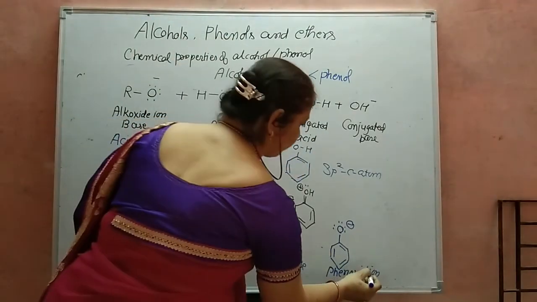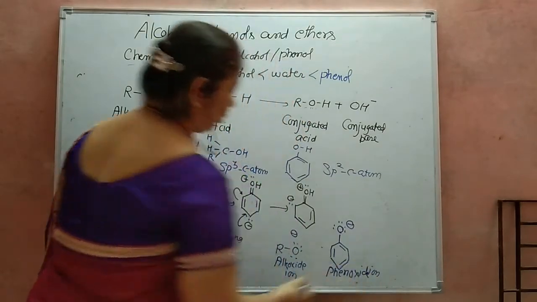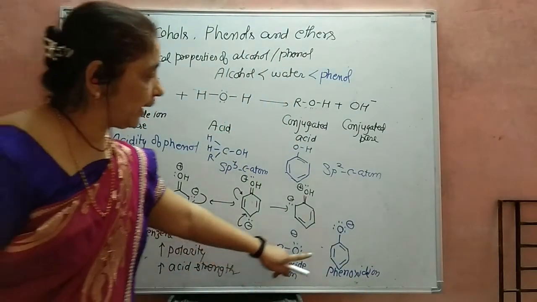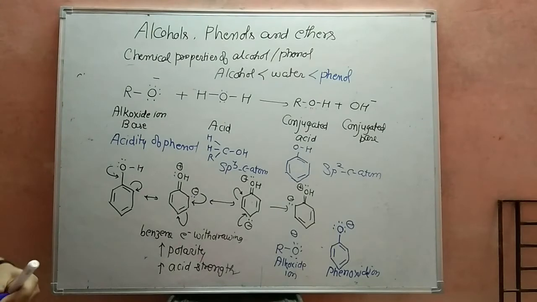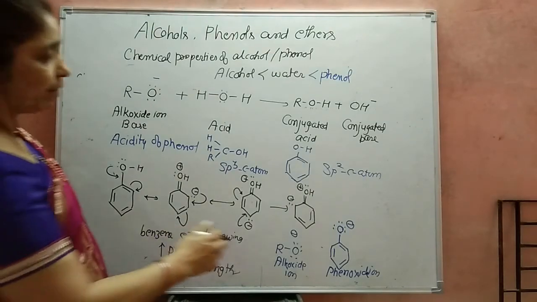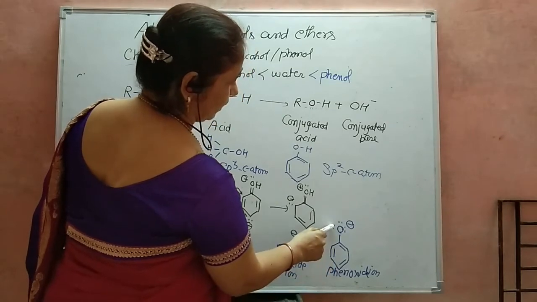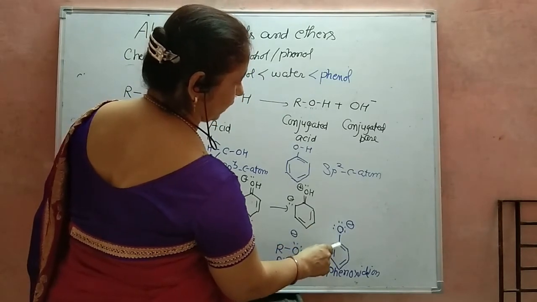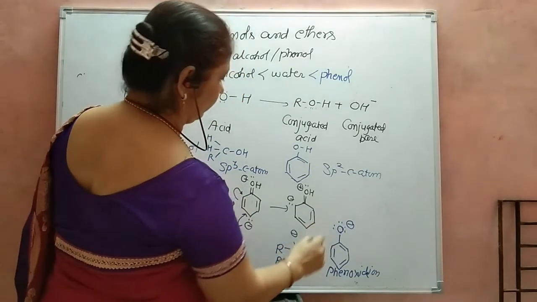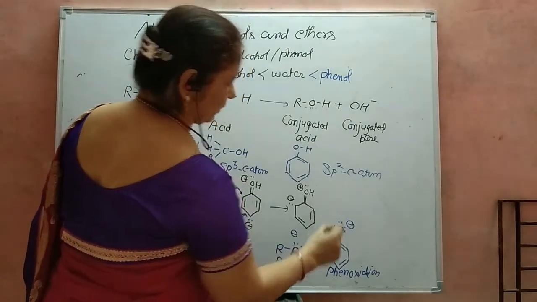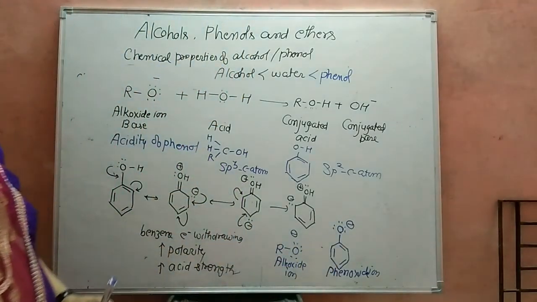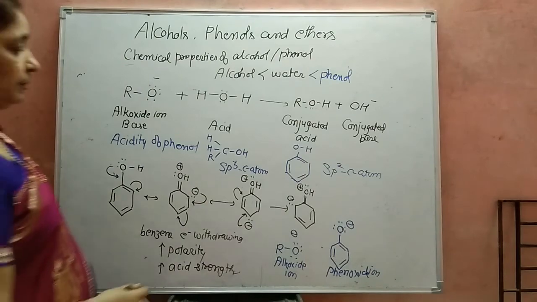So if we compare the stability of alkoxide and phenoxide ion, we know that in phenoxide ion, due to the presence of this benzene ring, this lone pair is delocalized, it forms resonance structures which are more stable, because the more the number of resonance structures, the more stable the compound.